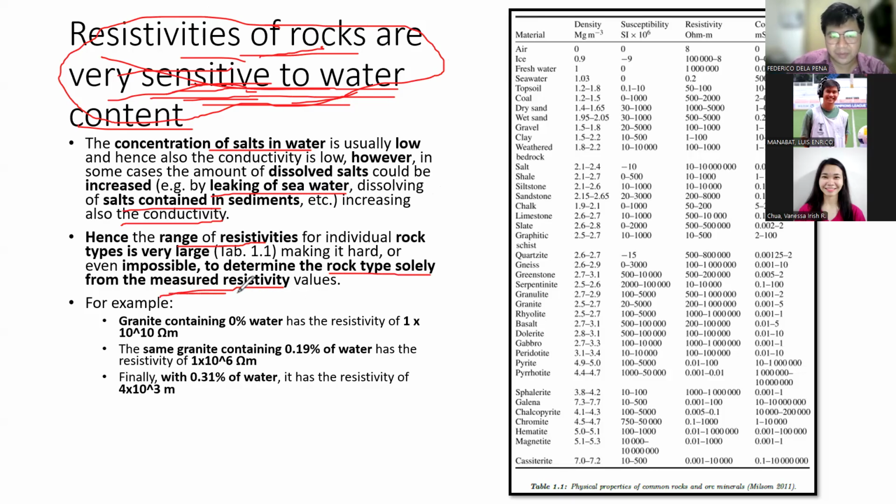This is the biggest pitfall when you're using resistivity. Actually, all geophysical methods in general will have a very large range of measured physical properties. And most of the time, it's impossible to determine the rock or soil type solely on the measured physical property.